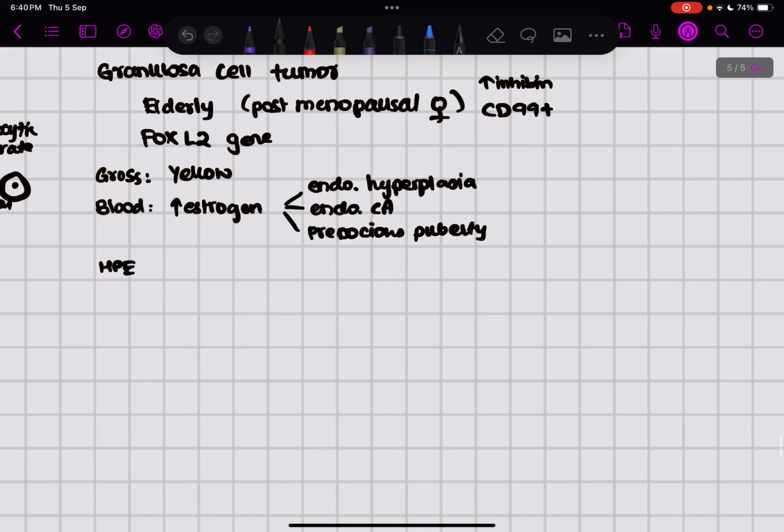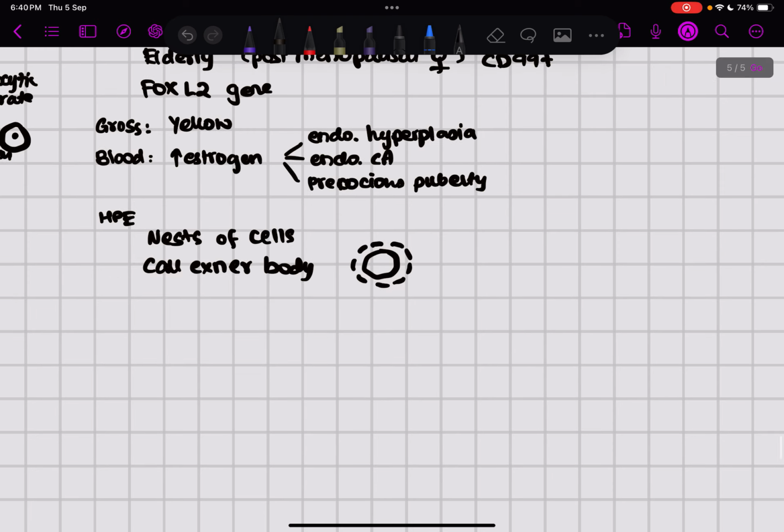Histopathological examination shows nests of cells. Also, the Call-Exner body, which looks like pinkish material surrounded by granulosa cells with coffee bean nuclei.